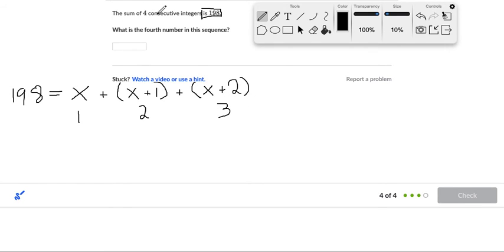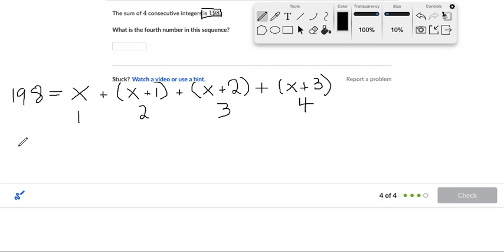And we're looking for the sum of 4 consecutive integers. So we got to get one more term here. And it's just going to be our third term plus another 1. Or x plus 2 plus another 1, x plus 3. And that is our fourth term.